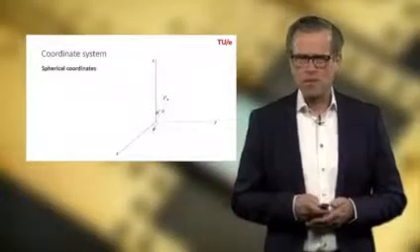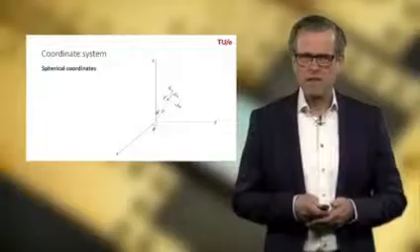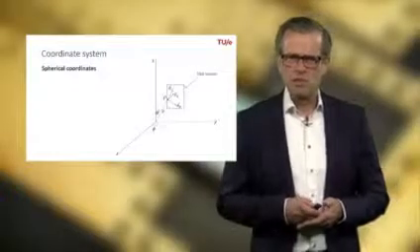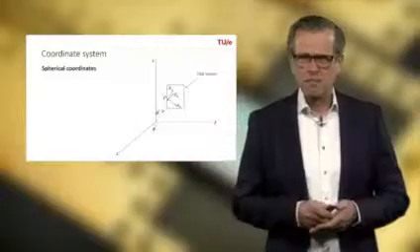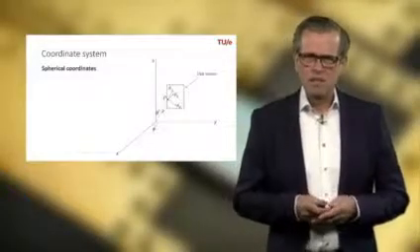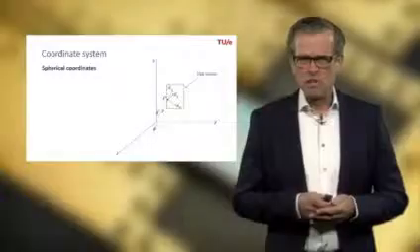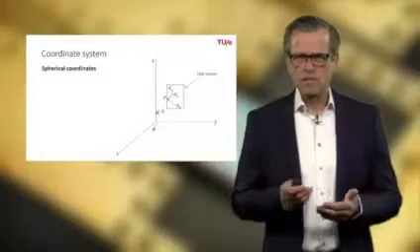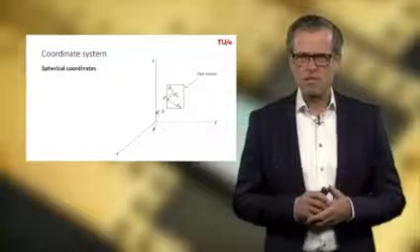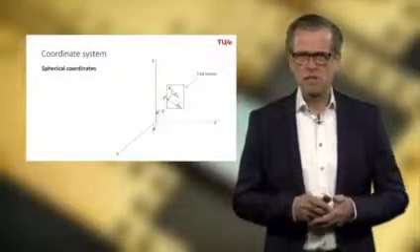And at the point P, we can identify 3 unit vectors. And these unit vectors are indicated by u_r, u_theta and u_phi. So mind that the notation in several books of unit vectors might be different from this notation. But in these web lectures here, we're going to use this notation.